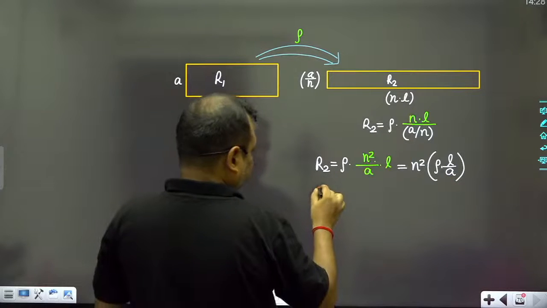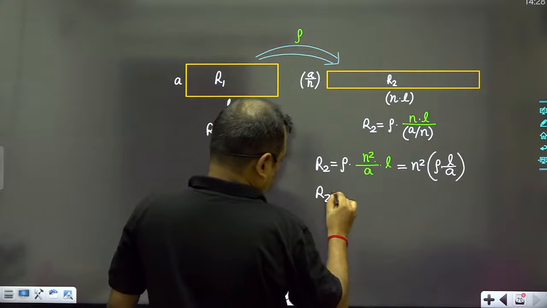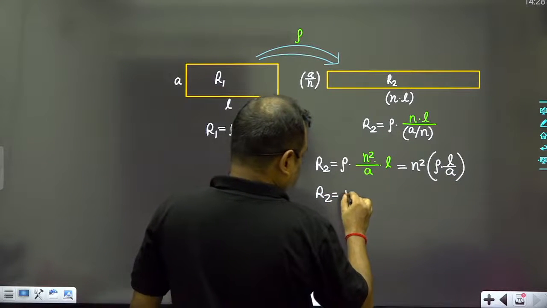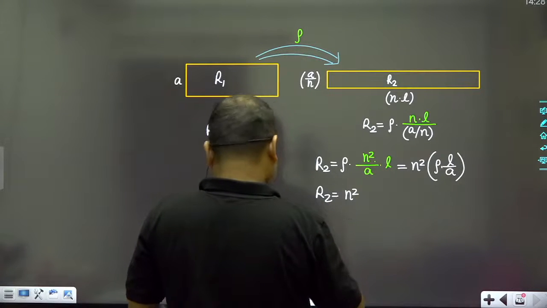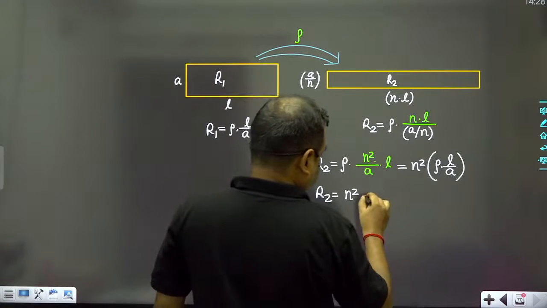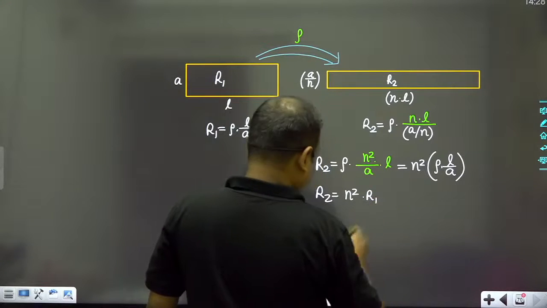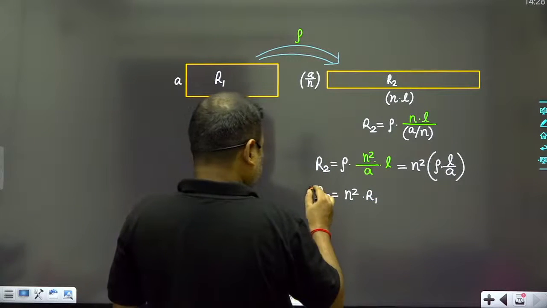So R2 will be equal to n square into R1.